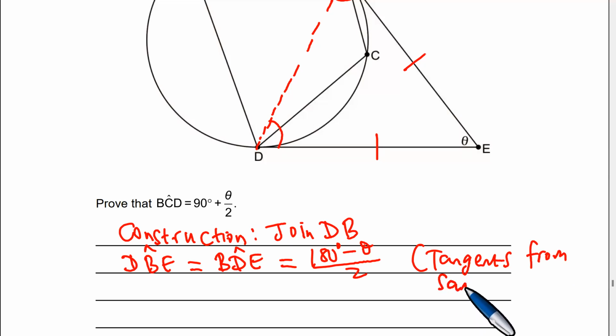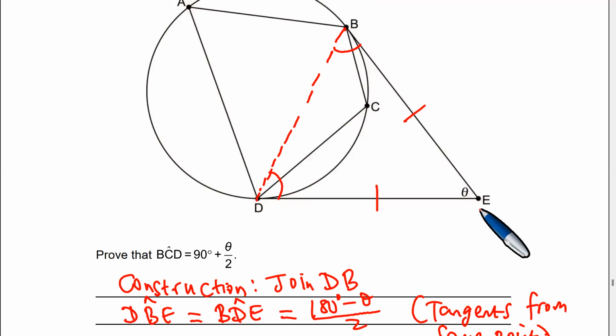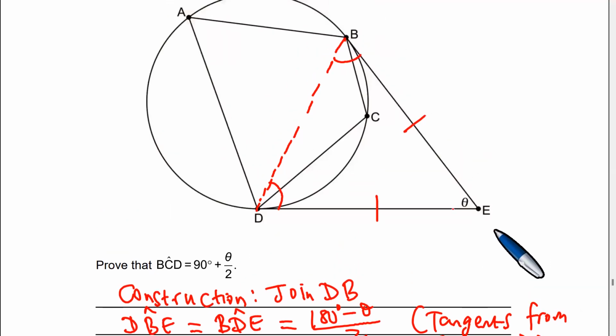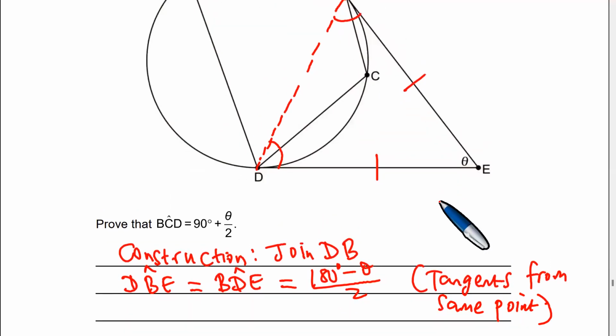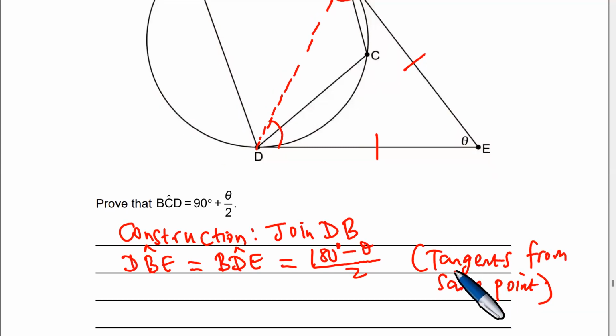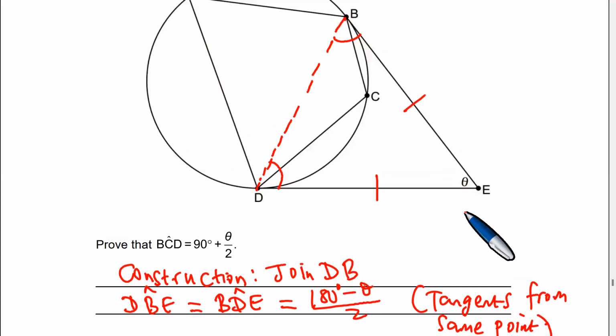The tangents from the same point are equal to each other because they're drawn from the same point E. Well, if you don't want to say this, you can say that these angles are equal because BE is actually equal to DE. Okay, like that. So we continue.